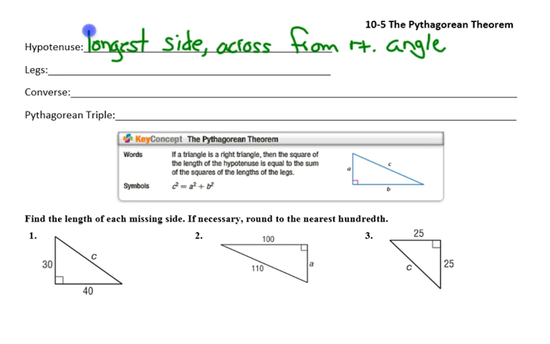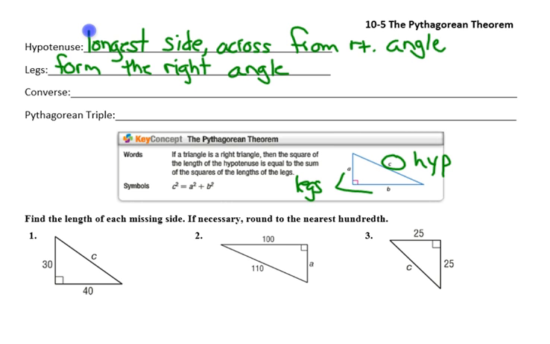In our picture, it's given the letter C. So C is always the hypotenuse. The legs form the right angle, and they are given the letters A and B. So these are the legs.